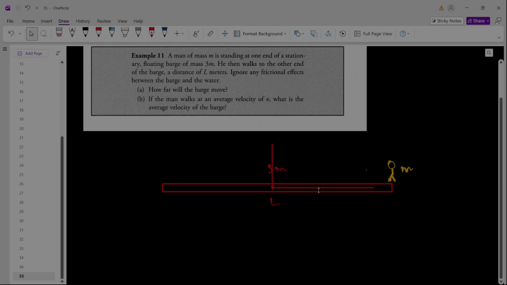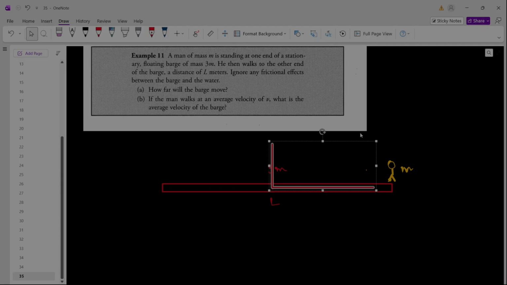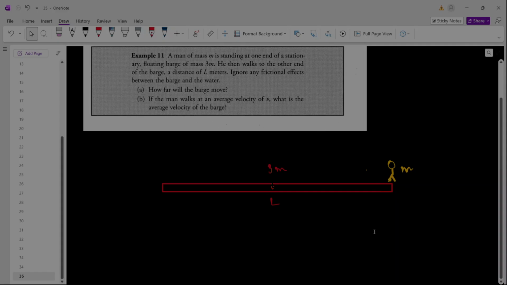And so this is our reference point. So this is my y-axis and this is my x-axis, right?